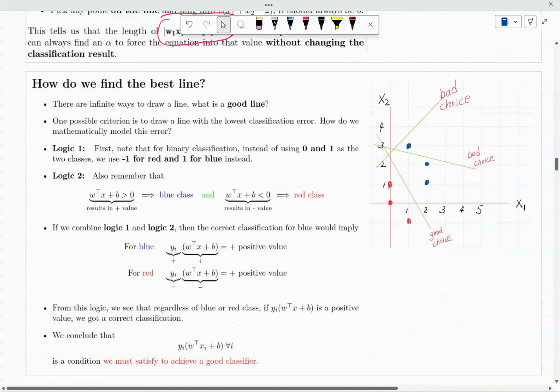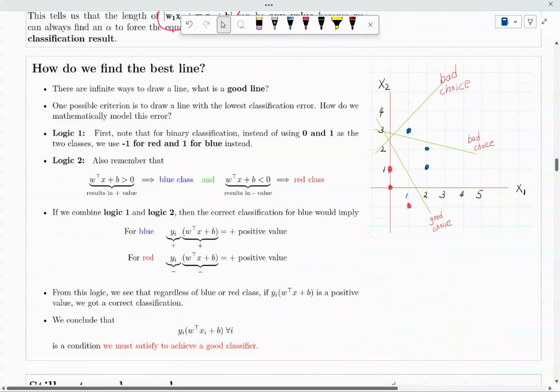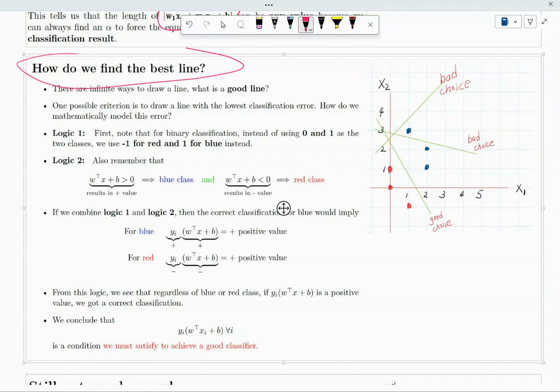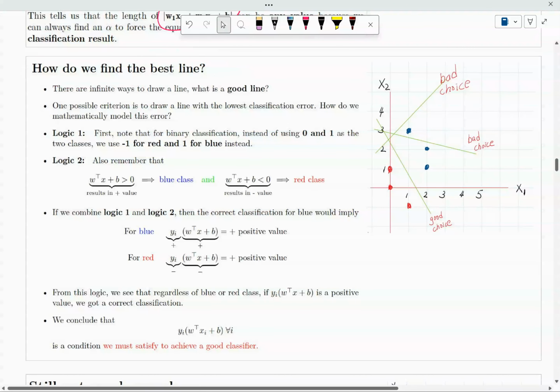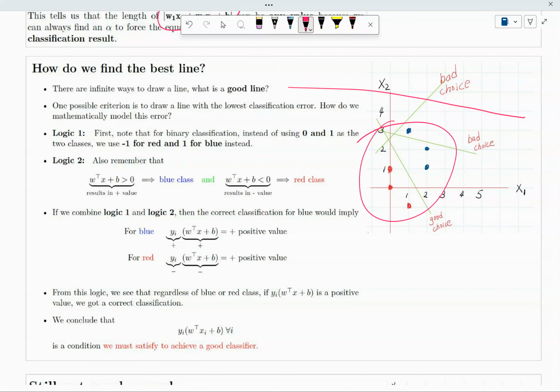Okay, so now that we've primed you to understand this, then the idea is, how do we go about finding the best line? Well, there are infinite ways to draw a line. Like if you draw a line like here and say everything above is blue, everything below is red, this is obviously a bad line because they're not all red, and you have nothing here as blue, right?